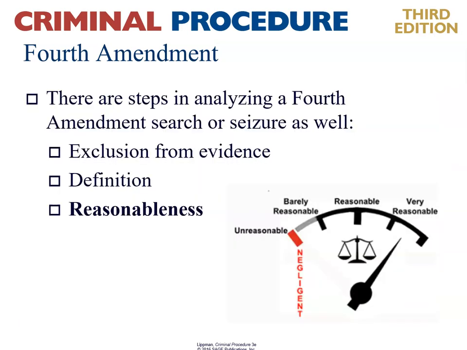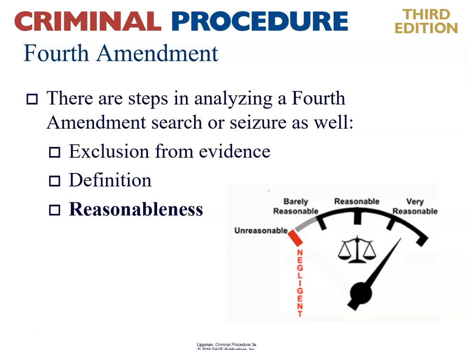Now, there are three basic steps in analyzing a Fourth Amendment search or seizure that we're going to be talking about in this chapter and even in a couple other parts of the textbook. The first is exclusion from evidence. The second is the definition. And the third is reasonableness. And I'll expound on those just a little bit more.